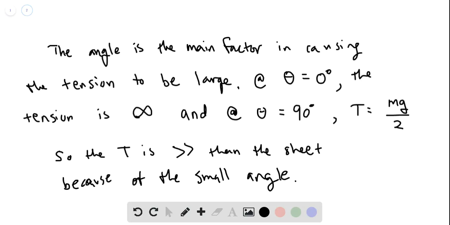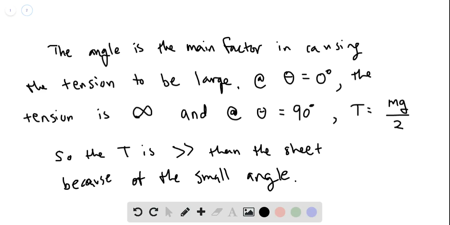I'll let you try this at home, but if you put in theta equal to 0, then the tension goes to infinity. So the smaller you make the angle, the stronger the tension becomes. But if you held it at a 90-degree angle, it would be half of the weight.